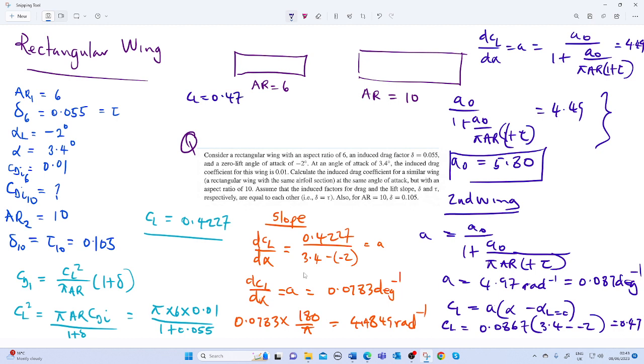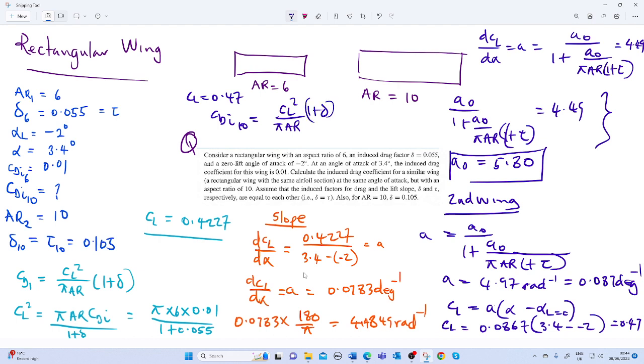Now that we have found the coefficient of lift, which is 0.47, we can slot it into the equation for the induced drag for the second wing of aspect ratio 10. So that gives us CDI for 10 equals CL squared over pi AR times 1 plus delta.